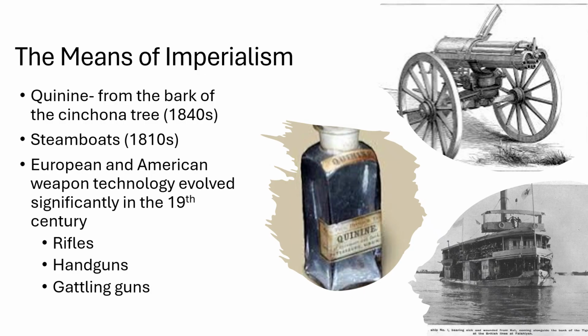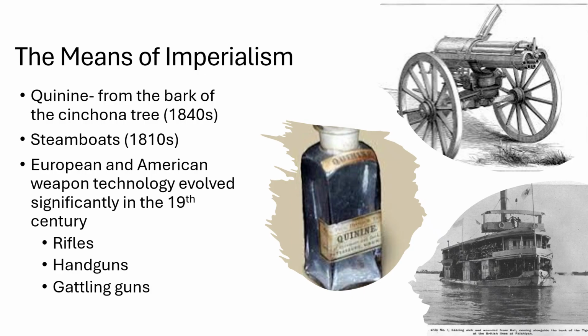And then finally, the weapon technology, right? Both European and American weapon technology will increase significantly in the 19th century. You have repeating rifles, you have machine guns that will be invented, handguns, Gatling guns, which could fire 3,000 bullets a minute, Maxim gun, which was single-barreled that could shoot 11 bullets per second.